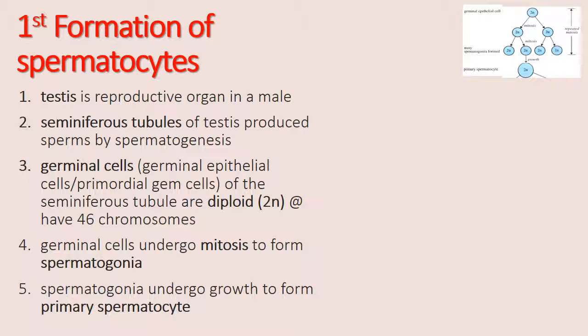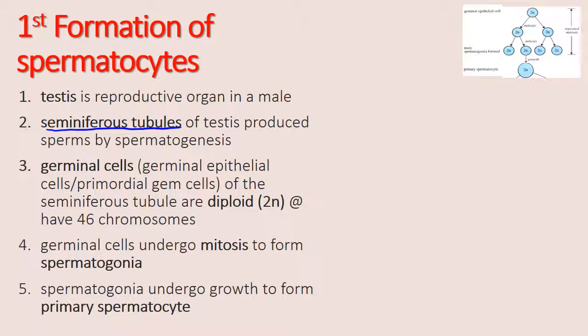Formation of the spermatocyte. First, the testis is the reproductive organ in the male, and within the testis we have the seminiferous tubules which produce the sperm by spermatogenesis.